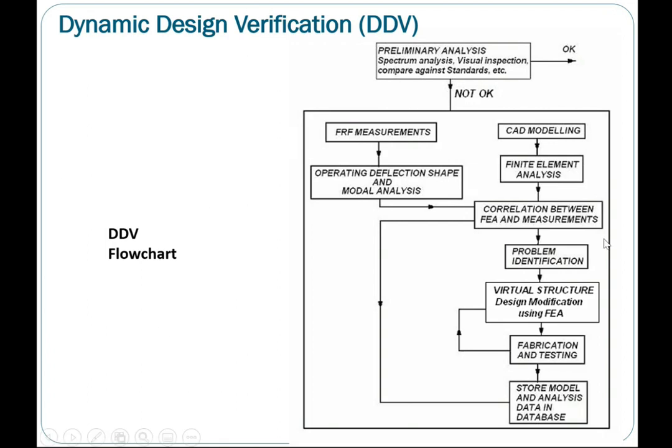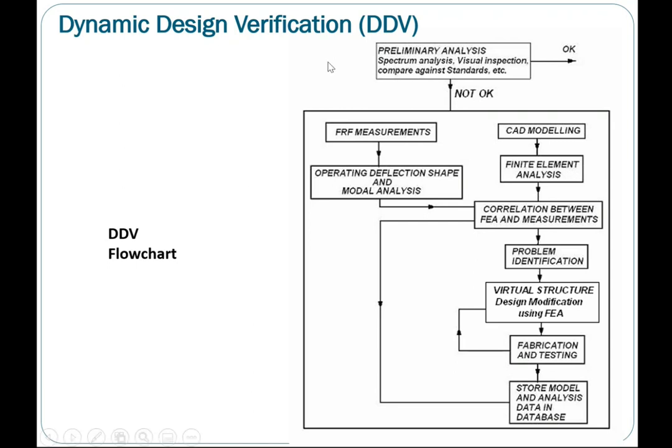So the whole idea of DDV is that it basically combines your experimental techniques as well as what we call computational mechanics, with the aim to eliminate the design flaws, design faults or dynamic design issues of your assembled machines, right?